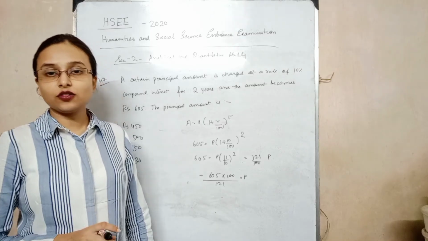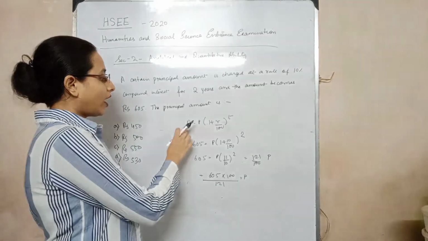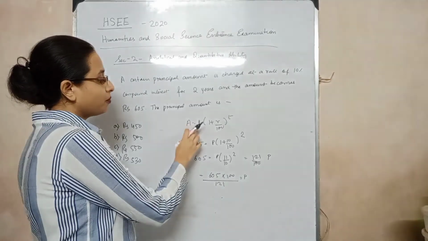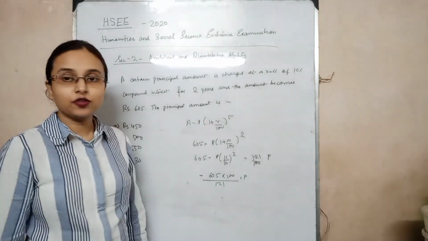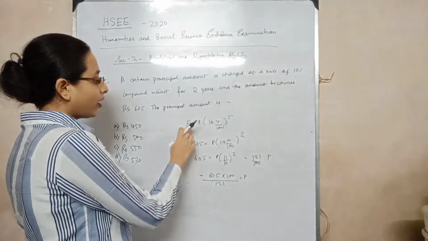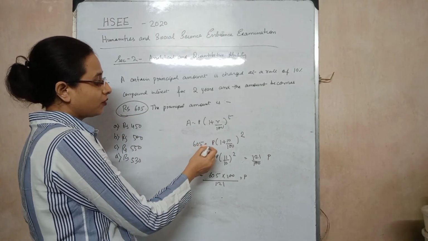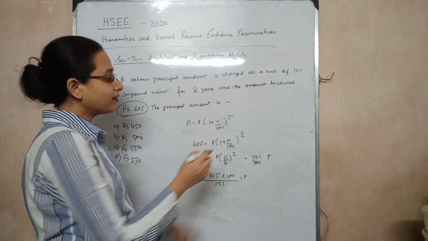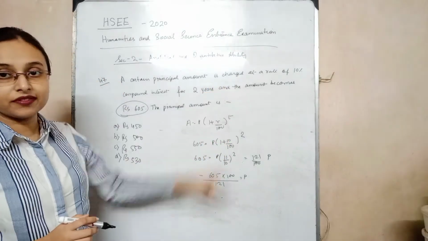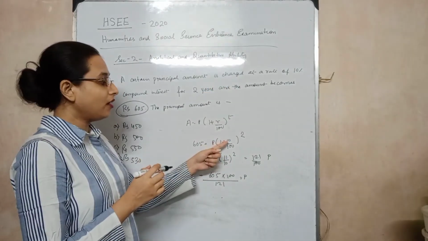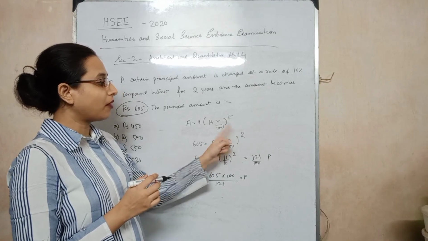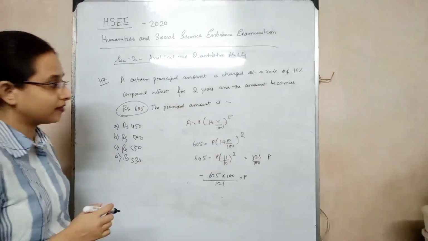See, I have written down the calculation. As per the formula, A equals P into (1 plus R by 100) to the power T. Now, A is told, that is 605. 605 equals P into (1 plus R by 100) to the power T. R is told 10%, so 1 plus 10 by 100, to the power 2, that is 2 for 2 years.